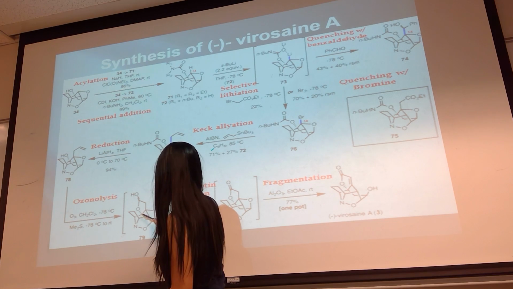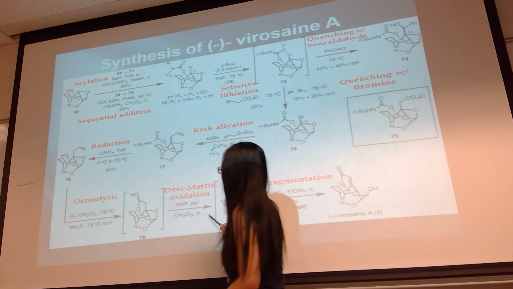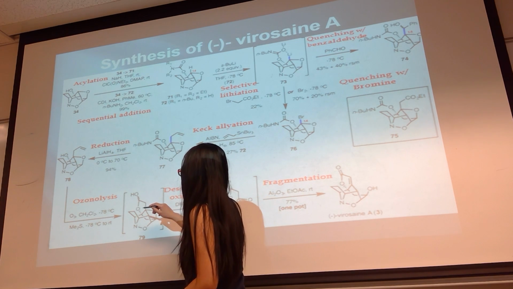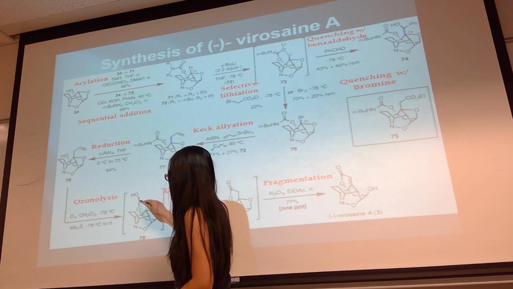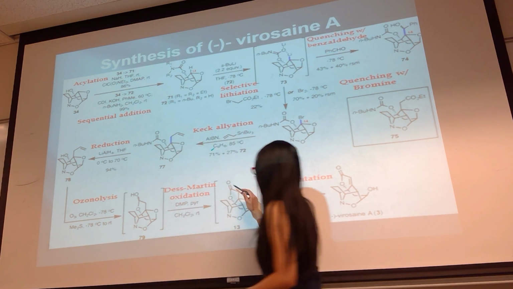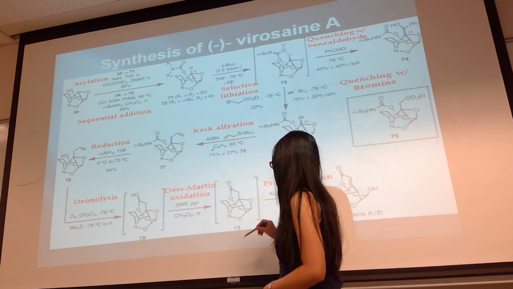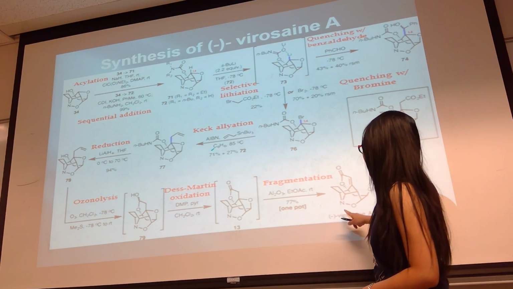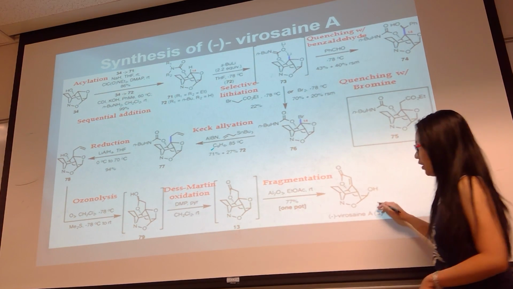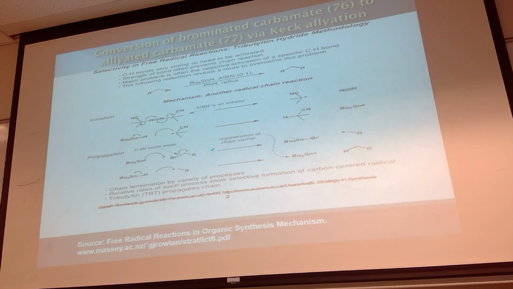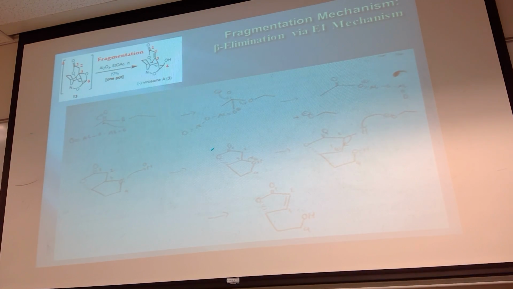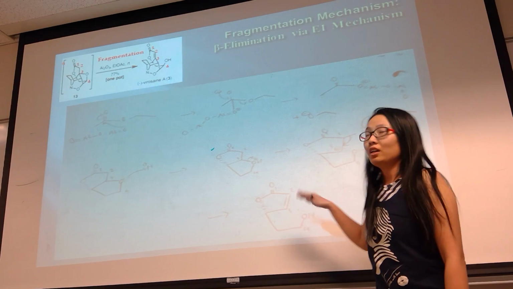The molecule 79 then went through a Dess-Martin oxidation, in which the secondary alcohol here was oxidized to a ketone here. And the molecule 13 went through a fragmentation to produce the final product. And this is the mechanism I propose.